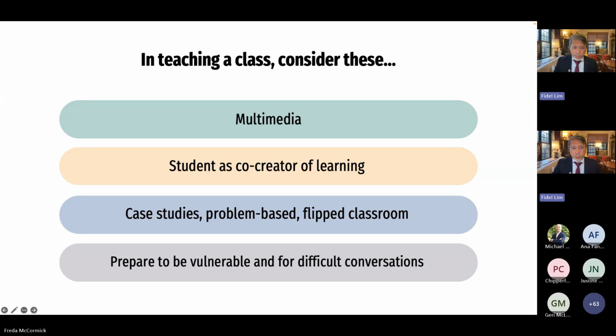So from time to time, I share that information. Sometimes I don't because I'm afraid that it might trigger or upset them. But then again, you have to be vulnerable when you want to talk about this difficult conversation. So see what's comfortable for you and how you want to integrate this in your discussions.